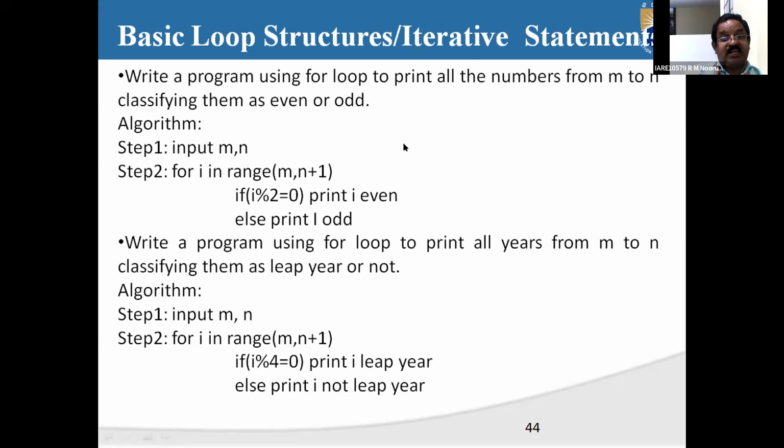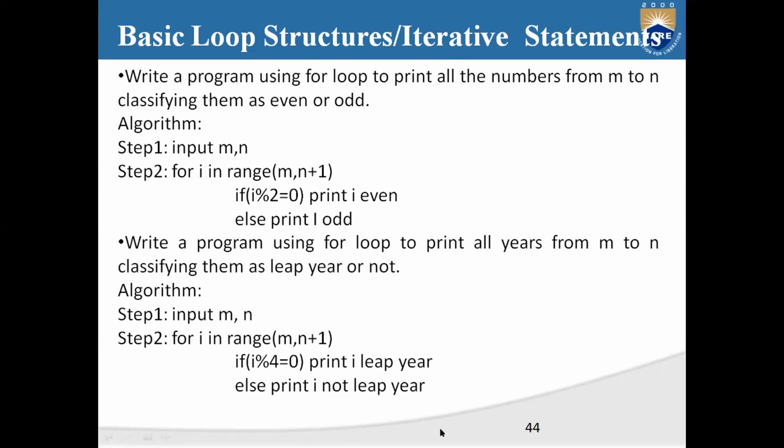Then you have to check the condition: while i is less than or equals to n plus 1. Right? Able to understand? Yes, understood, sir. First, initialization is more important. Prior to the start of the while loop, it should be initialized.